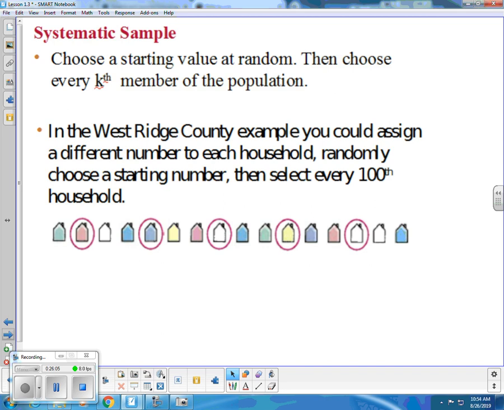So again, you're starting at a random starting spot and then choosing every kth member of the population. So you could list the house numbers and choose every 100th house or whatever, but you're randomly starting. Pick a spot and then count from there.